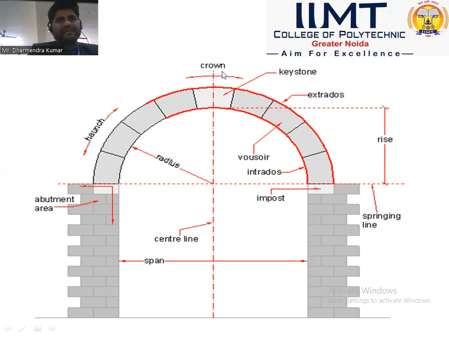The center line of the arch is called the crown. This stone is called the keystone. The outside layer of the arch is called the extrados, and the inner side layer of the arch is called the intrados. This is the haunch area, the corner at the starting point of the arch, and this is the abutment area.